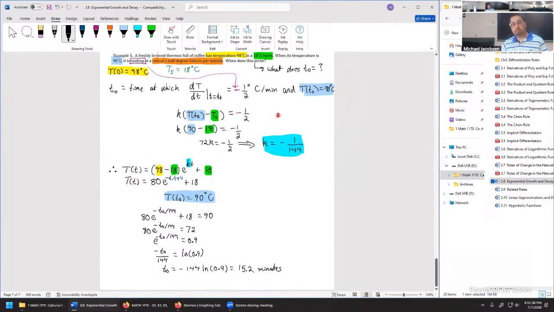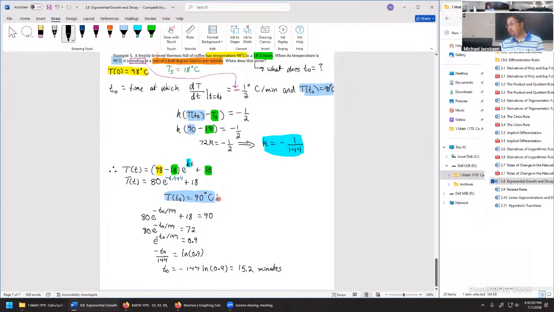So let's take a full view of this. It's in a thermos, so it's not losing temperature very fast. Starting off at a scalding 98 degrees Celsius. Ambient temperature is cool at 18 degrees. And all we knew is someone made a measurement, but they didn't tell us what time it happened. They found at 90 degrees, it was losing temperature at a rate of a half a degree Celsius per minute.